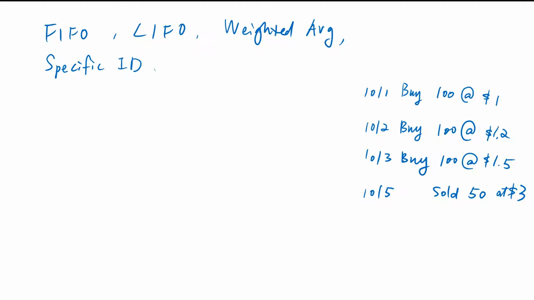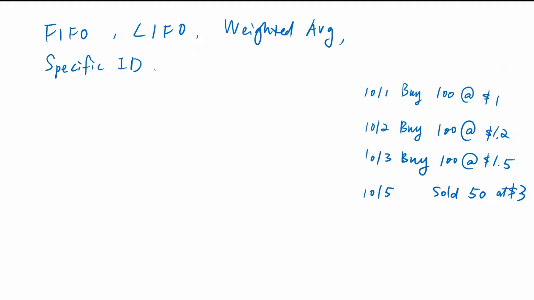Now, this $3, pay attention, it is your selling price. This is how much you charge your customers, right? But we still don't know how much the apples cost us. Well, we have 3 prices to pick. Which price should we use to track our inventory and cost of goods sold for this sale?